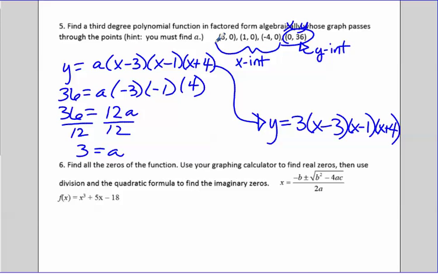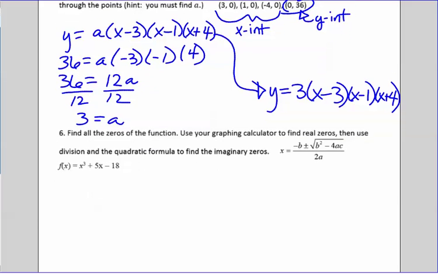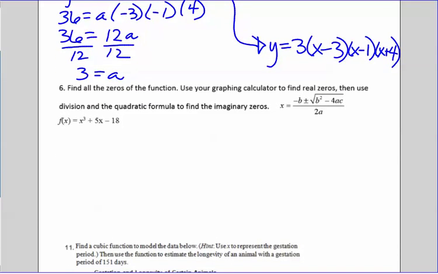Alright, in problem 6, it says find all the zeros of the function. Use the graphing calculator to find the real zeros, and then use division and the quadratic formula to find imaginary zeros.